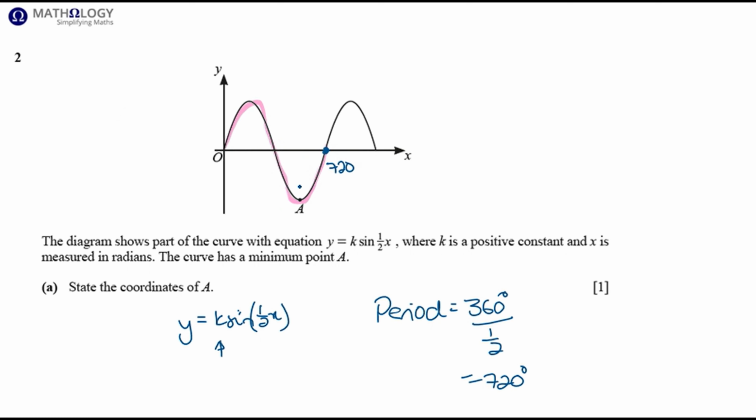So that's 720 degrees. This point here will be 360 degrees. That means that point A will be 540 degrees, and this point up here, the top of the crest, will be at x equals 180 degrees. Now, the minimum point at A is at 540 degrees.